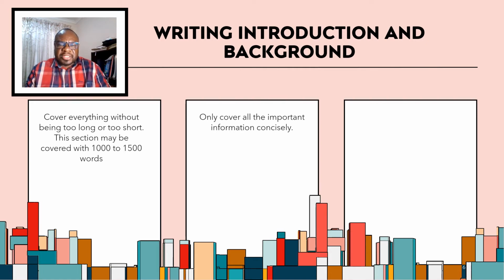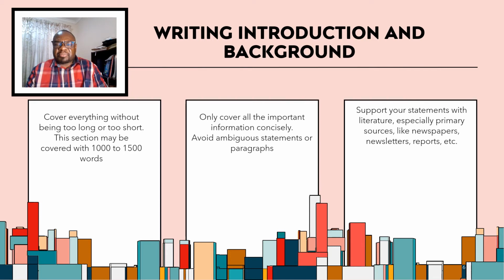And more importantly, also try to only cover all the important information concisely. Do not try to use long sentences or long paragraphs. Be straight to the point and concise. And avoid ambiguous statements or paragraphs which the reader will find difficult to understand or may also even feel discouraged to go further or go through your work.